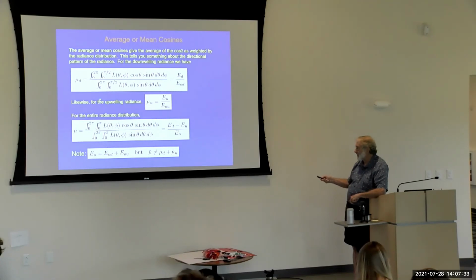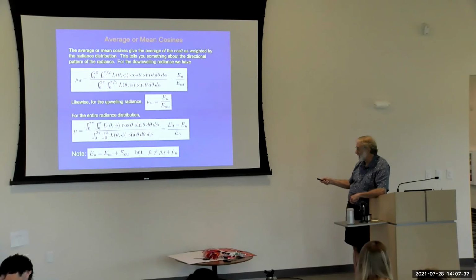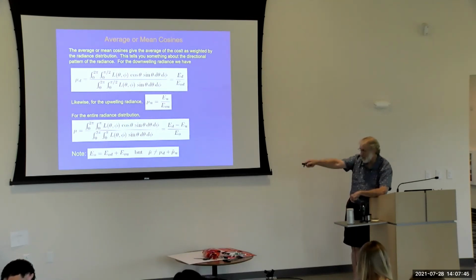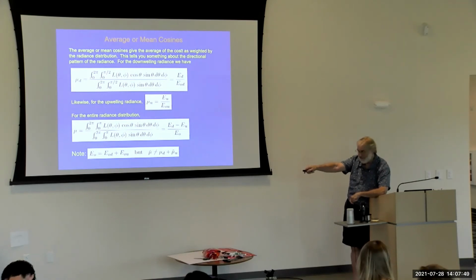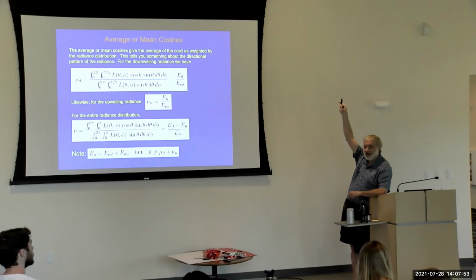And you can do the same thing for upwelling radiances, or you can do the same thing for the entire radiance distribution, where now notice that over the downwelling directions, from here out to here, θ is less than 90 degrees, the cosine's positive, but from 90 to 180, the cosine's negative.